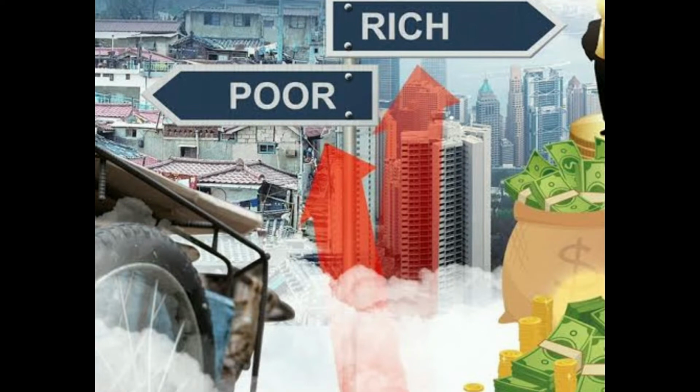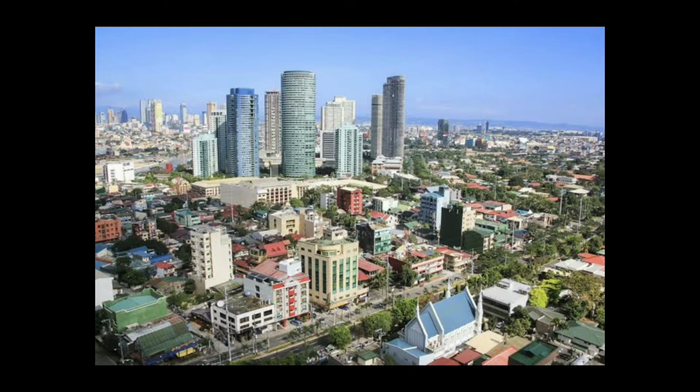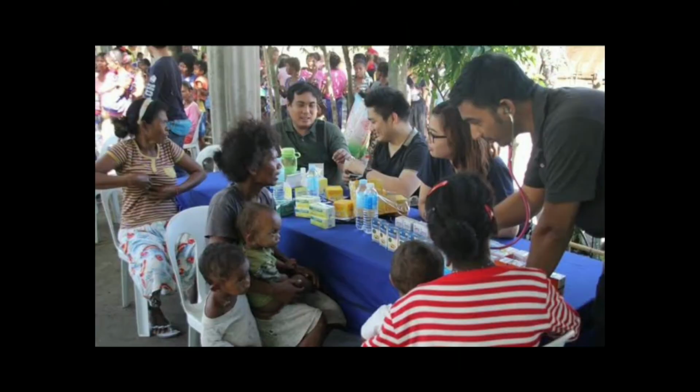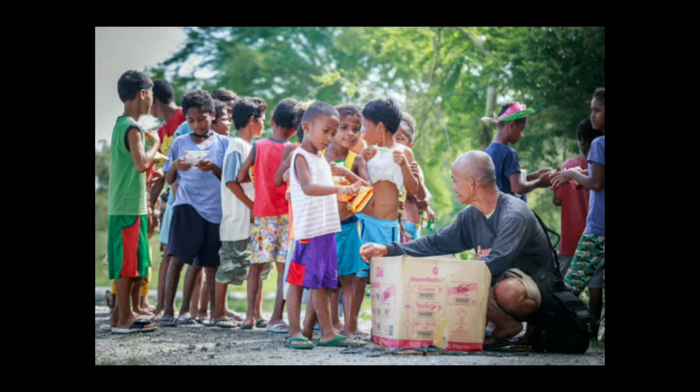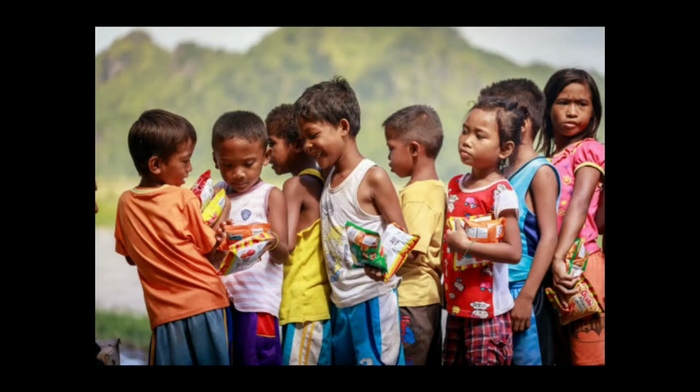To address this, the National Economic and Development Authority, or NEDA, calls for higher spending on infrastructure and social services. This is one of the many social inequalities identified by the government, which are either already addressed with existing programs or still being studied for possible formulation of viable projects.